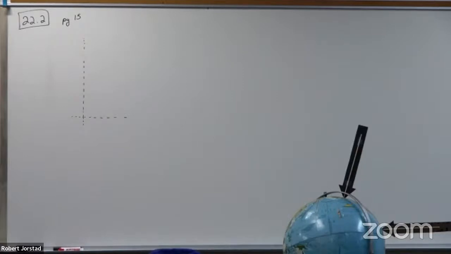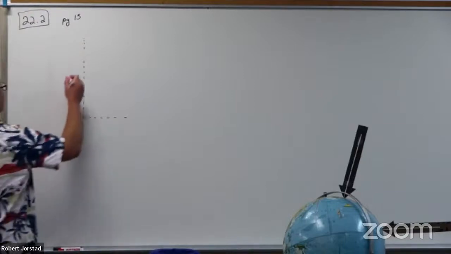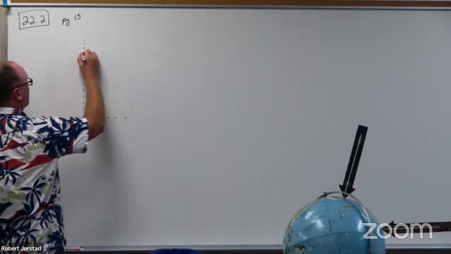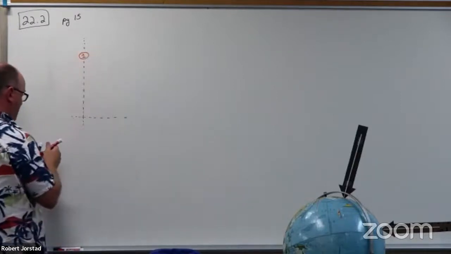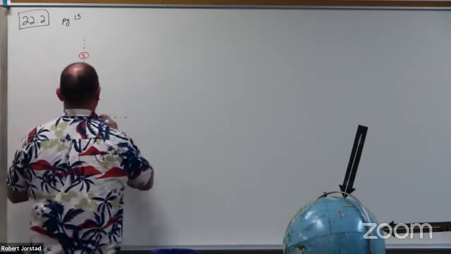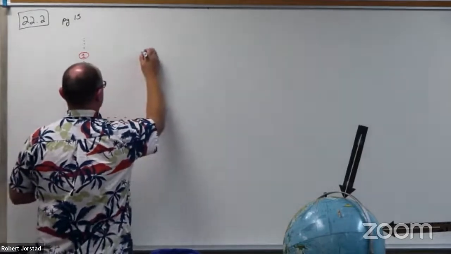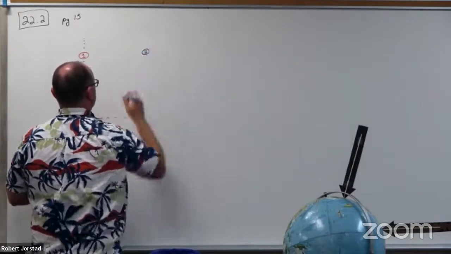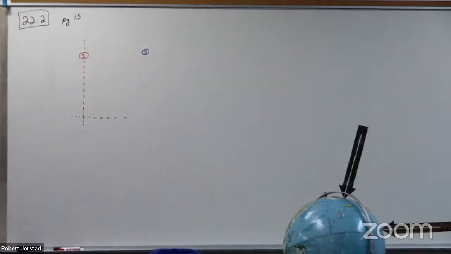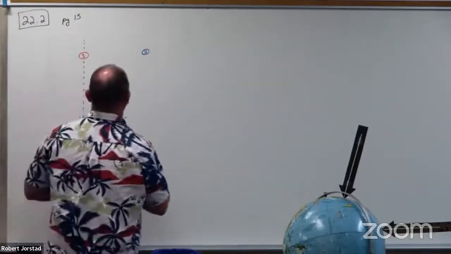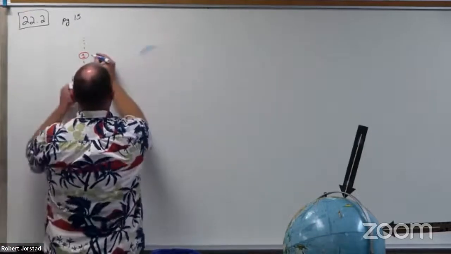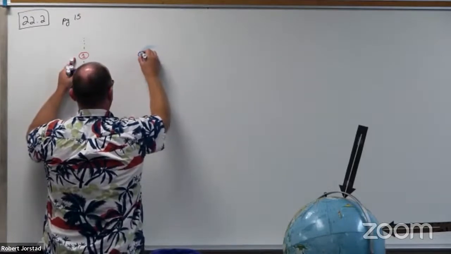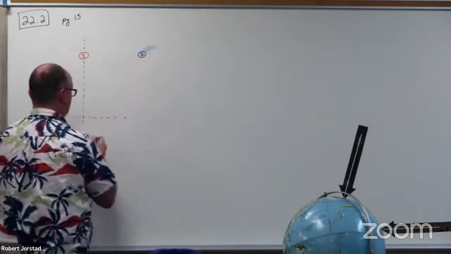Okay, so I'm going to use a red one up here. We're going to call that charge 1. And I've got a blue one over here. That's going to be charge 2. It's supposed to be the same height. Okay.